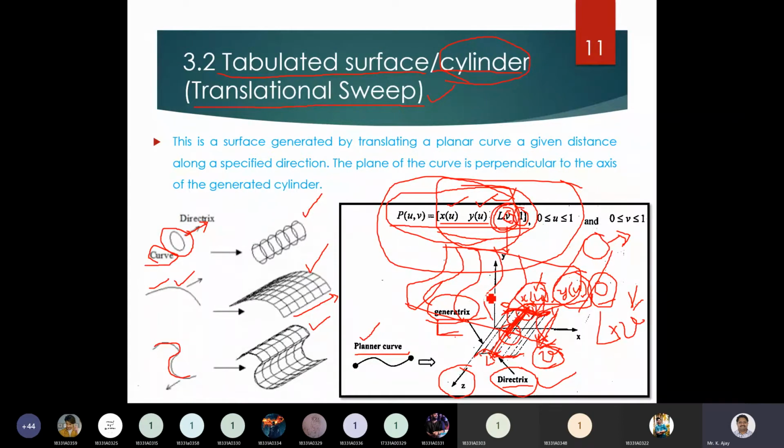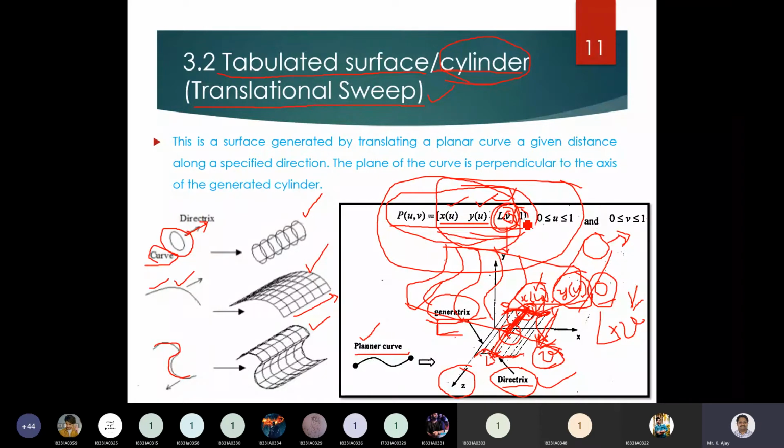When the generator curve is lying on the yz plane, the coordinates will have y of u comma z of u, whereas instead of x of u, you will get L multiplied by V as the x coordinate, while the curve lying on the yz plane has its own y and z equations in terms of u.